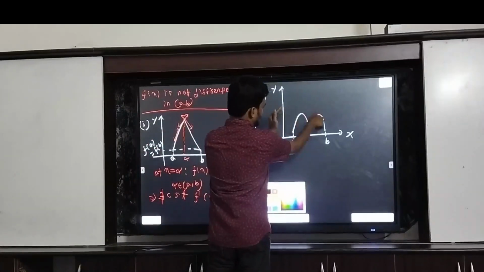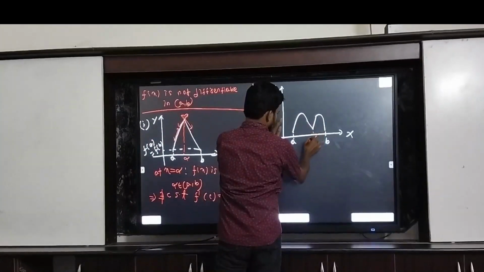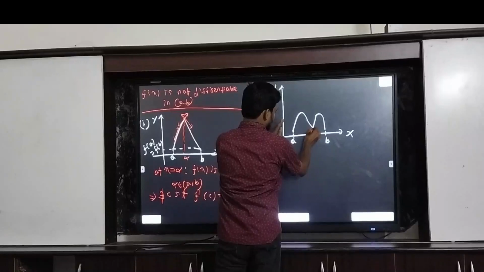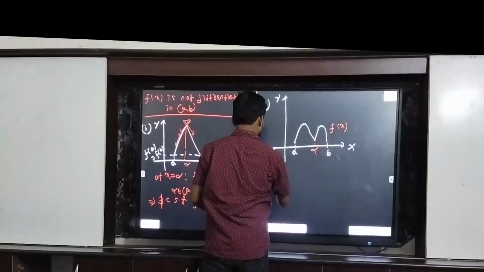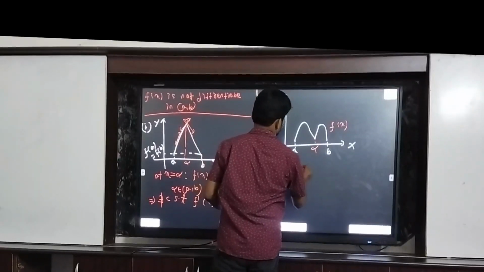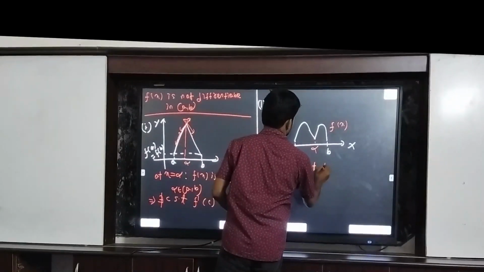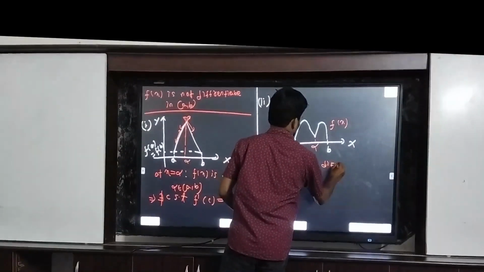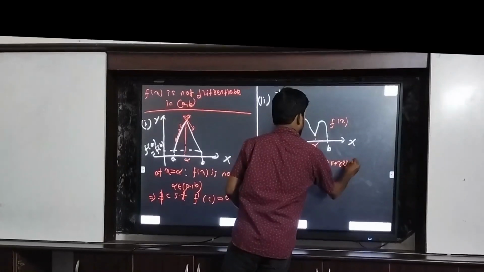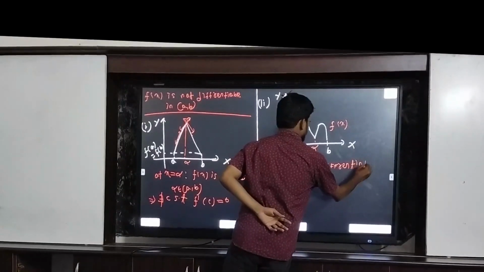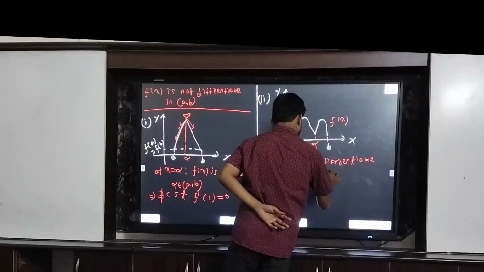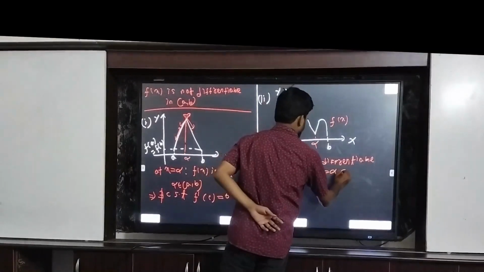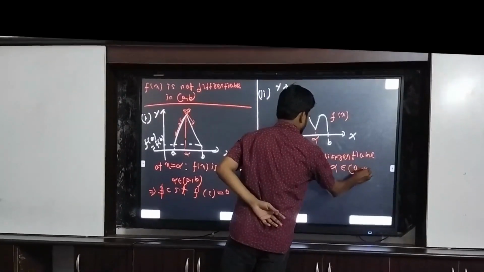Suppose this is our curve, continuous, and it is on our alpha. There is a sharp edge, right? Sharp edge clearly at x is equal to alpha. f of x is not differentiable at x is equal to alpha, which belongs to the interval.